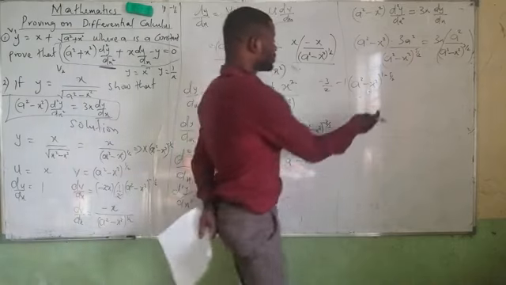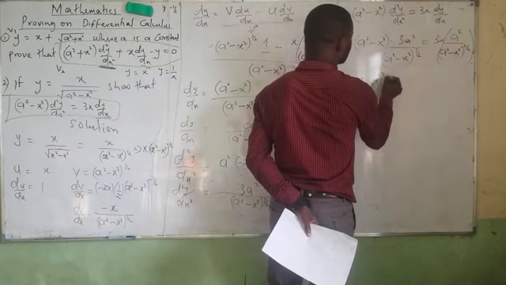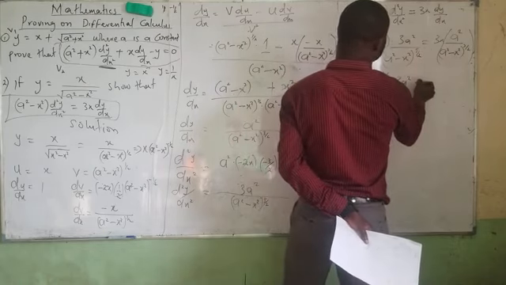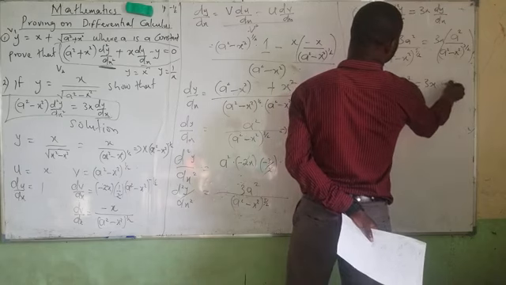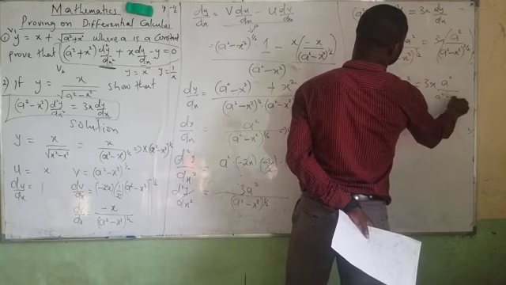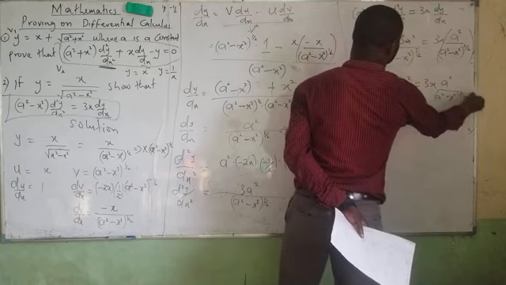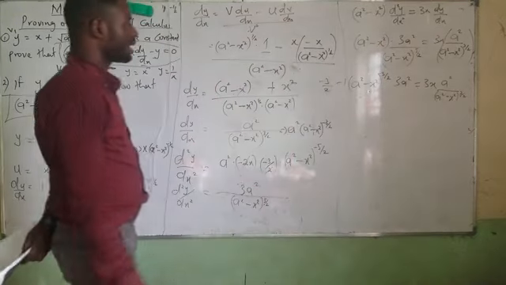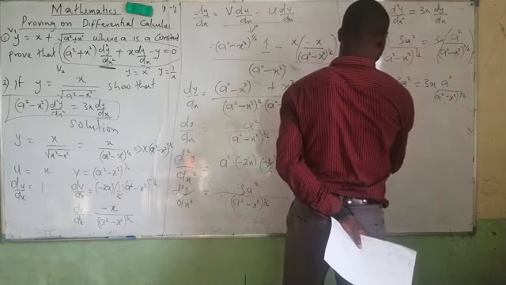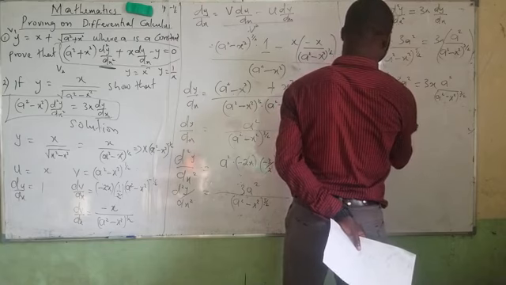By looking at it, I'll be having 3 minus 3 over 2, and I'll be having 3a squared, which equals 3x a squared divided by a squared minus x squared bracket of 3 over 2. Now, can you see what I'm seeing here? Since here is minus, it means I'll be having 3a squared divided by a squared minus x squared, 3 over 2.